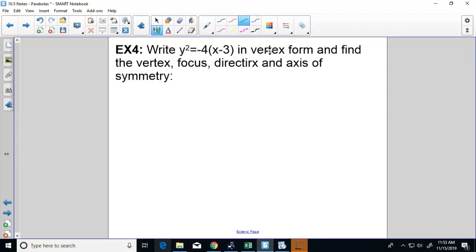Okay, let's get it solved for x first before we can really tell whether it's left or right. You have to solve this one because the x is not squared. You've got to solve for x here. So to do that, we've got y squared equals negative 4 times x minus 3. And so we could distribute that negative 4.